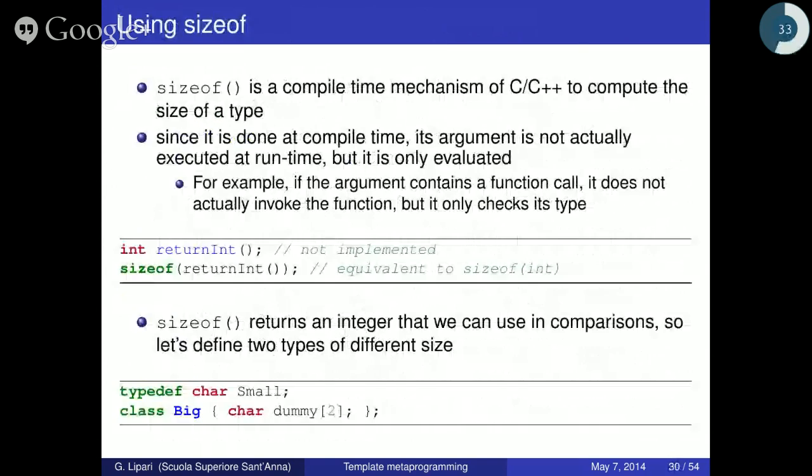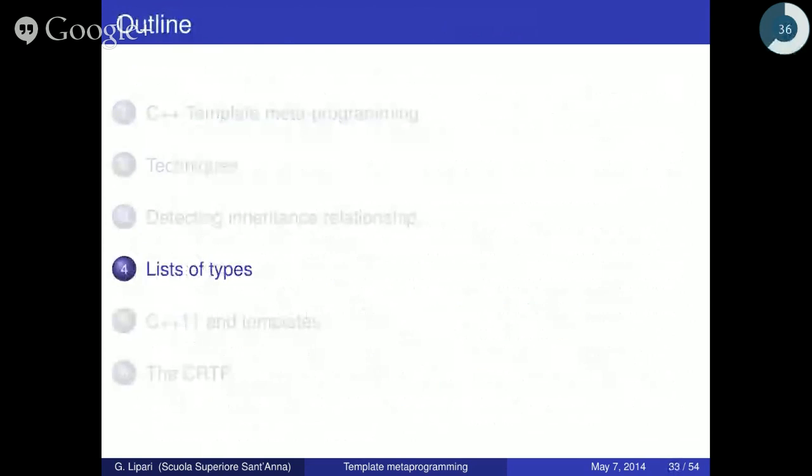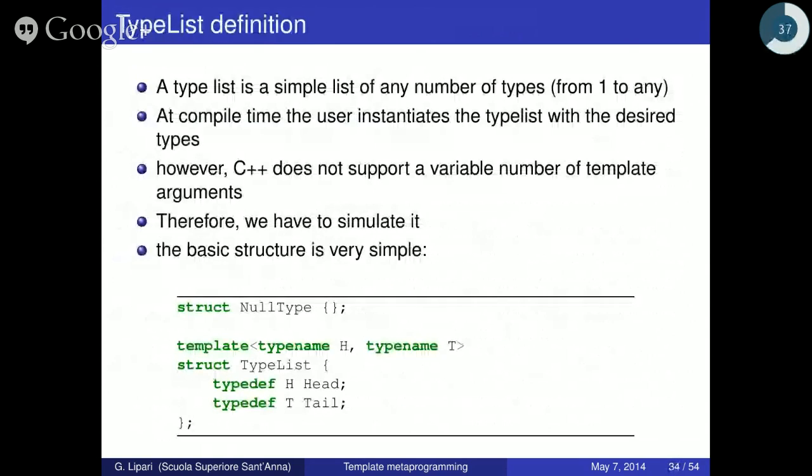So a type list is not something that exists in memory, but something that exists for the compiler, so the compiler can do computation with that. Here is, for example, a type that is called NullType.